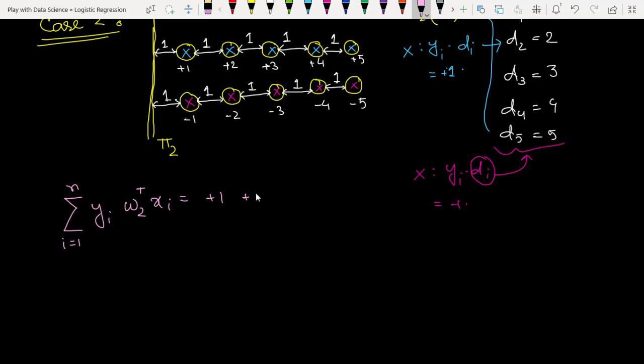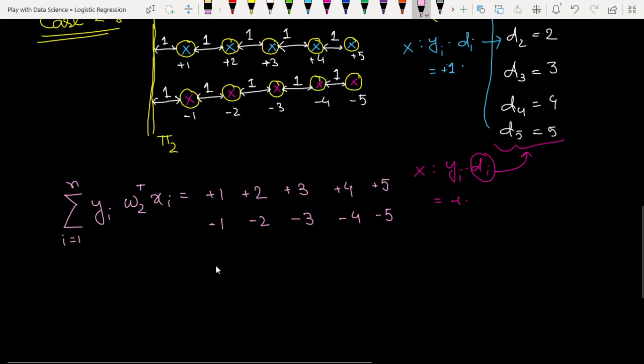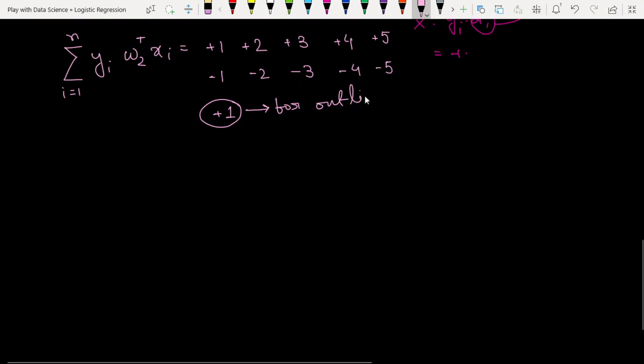That's +1, +2, +3, +4, +5, and -1, -2, -3, -4, -5, and for the outlier we have +1. So what is the final value? These cancel out, all of these cancel out, and the only value we have is 1.